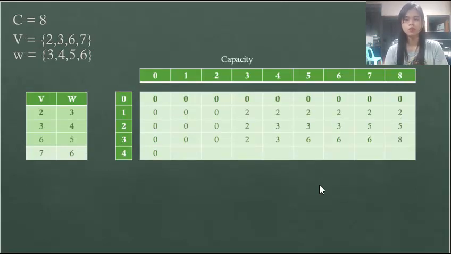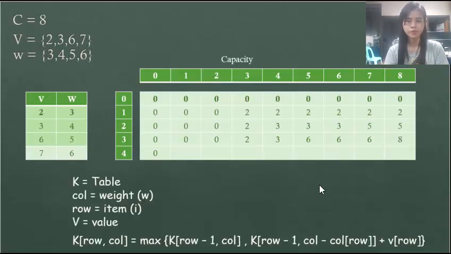And for the fourth item, we will use the formula. So let us use the formula. K represents a table, col represents the weight, row represents the item, and B represents the value.